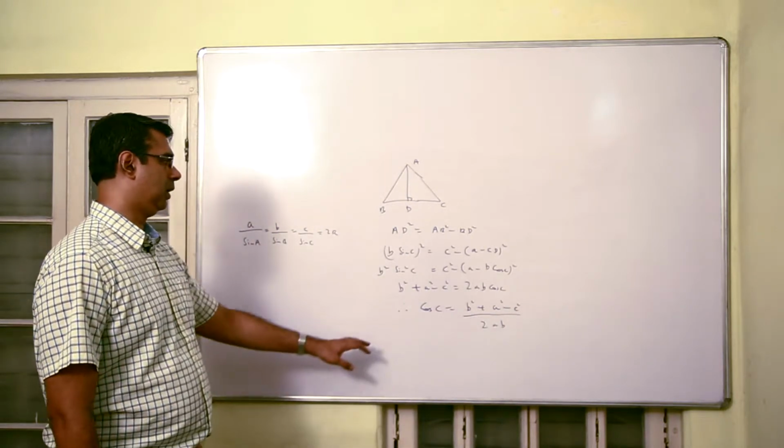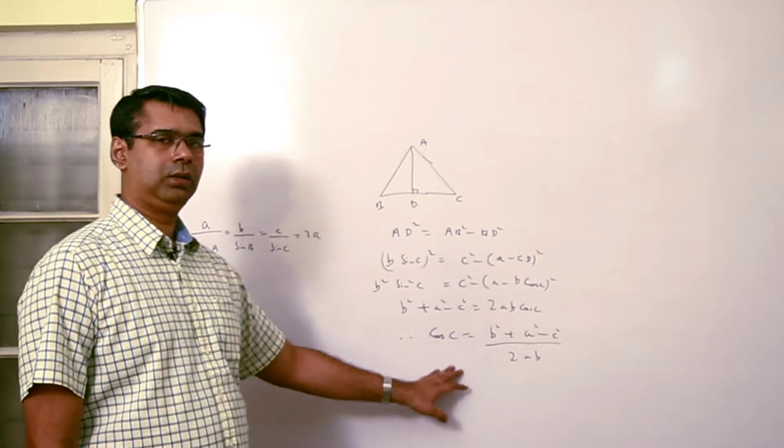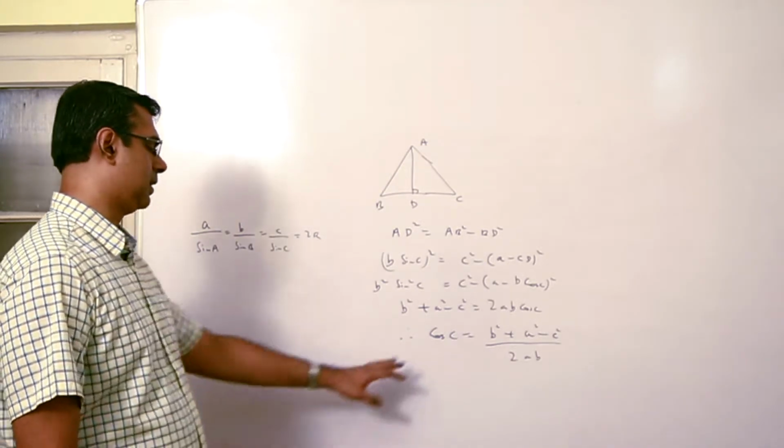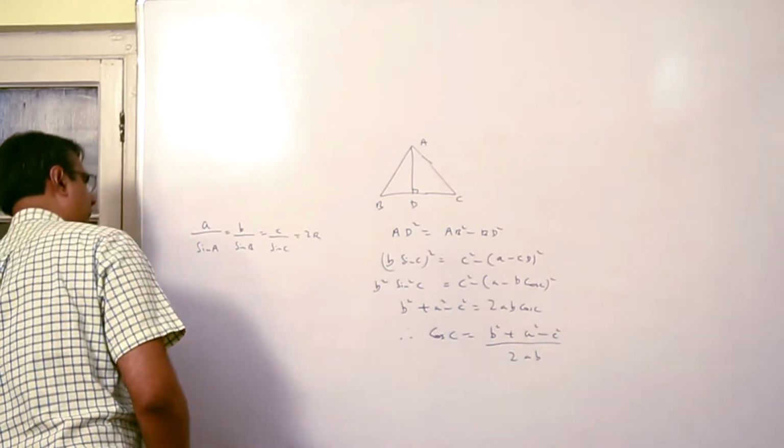So this formula is known as the cosine rule. So we had the sine rule and now this one is the cosine rule. This is the second formula of this chapter, it is known as the cosine rule.